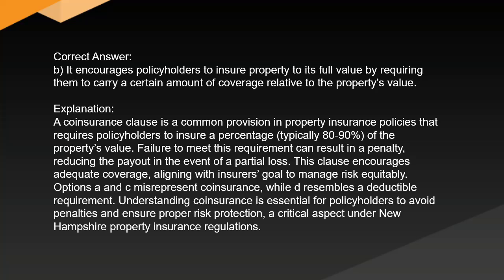Failure to meet this requirement can result in a penalty, reducing the payout in the event of a partial loss. This clause encourages adequate coverage, aligning with insurers' goal to manage risk equitably. Options A and C misrepresent coinsurance, while D resembles a deductible requirement. Understanding coinsurance is essential for policyholders to avoid penalties and ensure proper risk protection, a critical aspect under New Hampshire property insurance regulations.